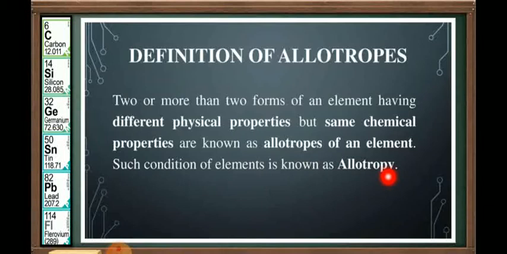In simple words, allotropy means two or more different forms of the element. Those forms are physically different. They have different physical properties, but chemically they are the same. Such different forms of an element are known as allotropes, and the property is called allotropy.